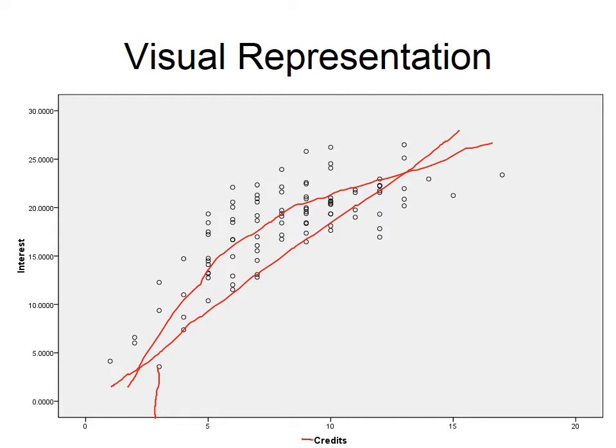So that's what we're aiming for all the time, is trying to find the best fit for the data where our line matches up the data as much as possible. And our R squared value is what really tells us how well our line is at predicting our data.